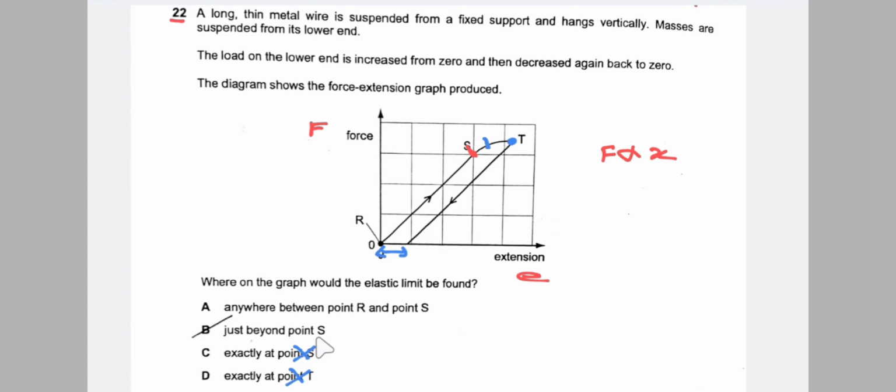So just beyond point S there is an elastic limit, where the wire can return to its original length. It is not at point T, because at point T the wire does not return to its original length. So it is just beyond point S and before point T. So the answer is B.